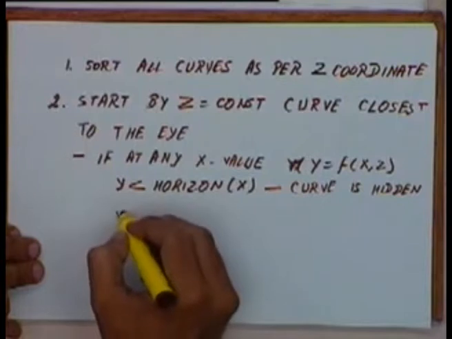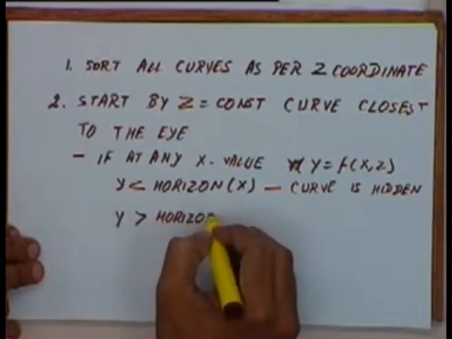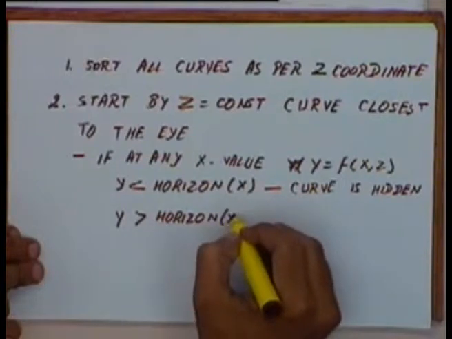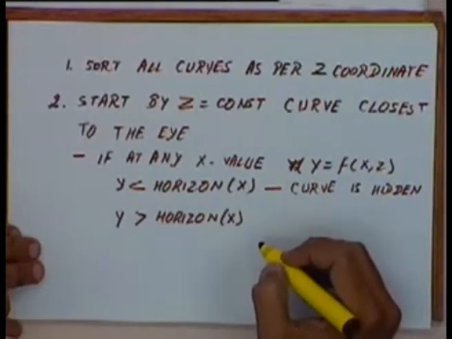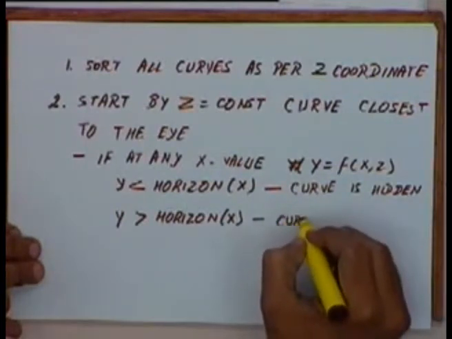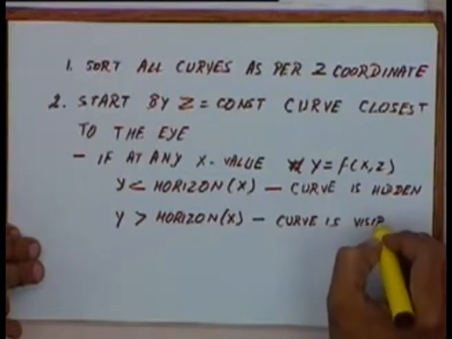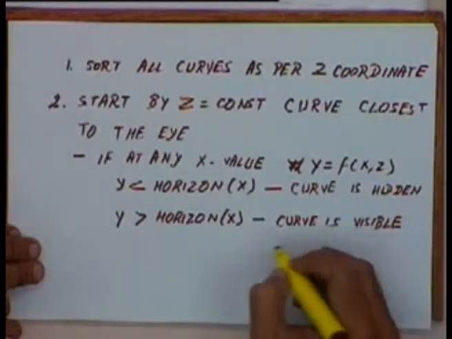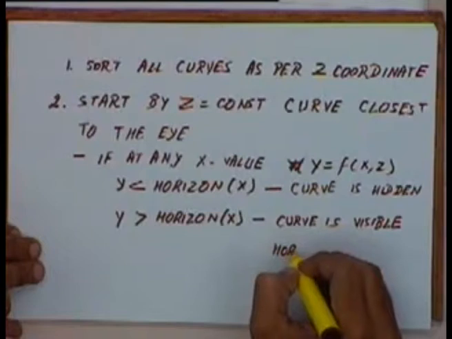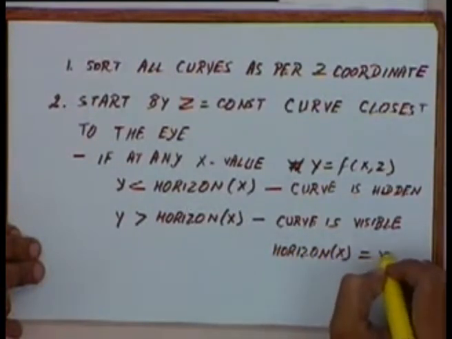And if the y value is greater than the horizon of x, then we will say that the curve is visible, we will display the curve and we will update the horizon. Let us say horizon of x will be equal to y.